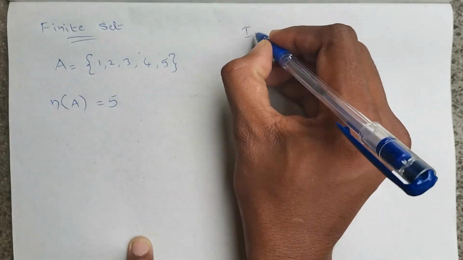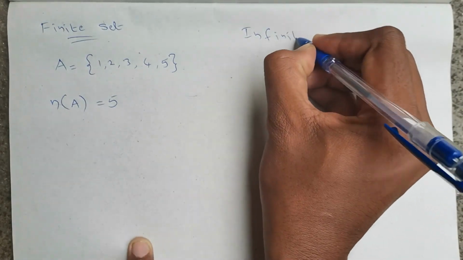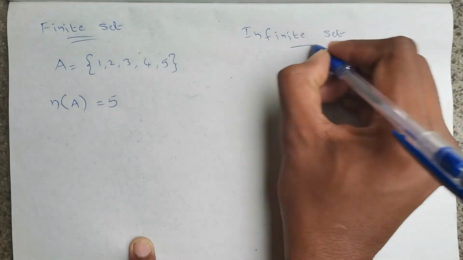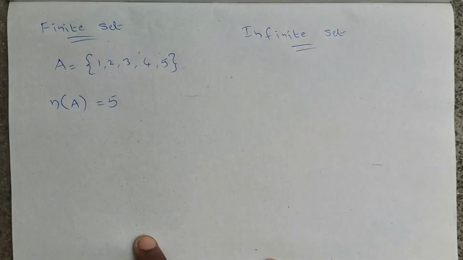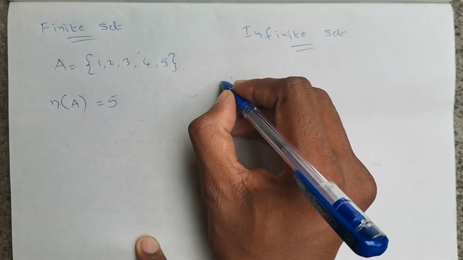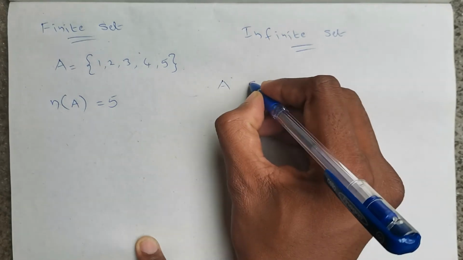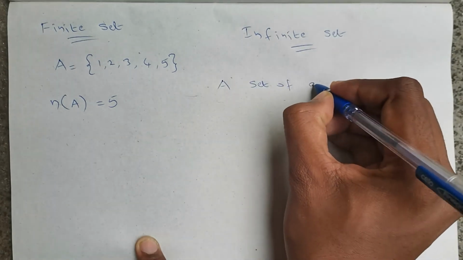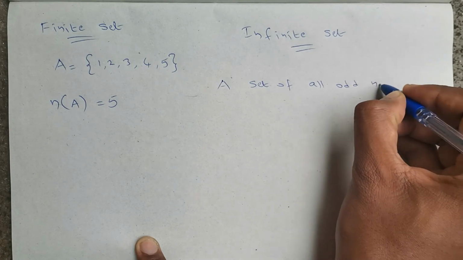Next type of set is infinite set. An infinite set is a set which consists of indefinite number of elements or infinite number of elements or uncountable number of elements. For example, a set of all odd numbers.